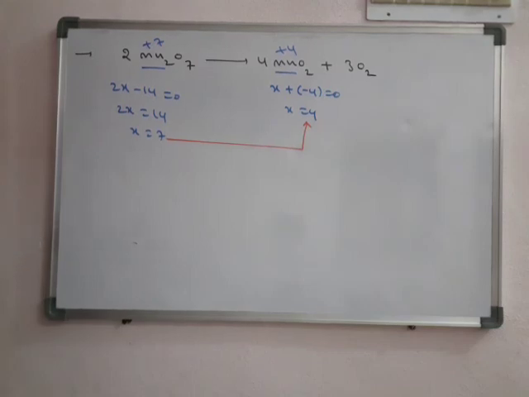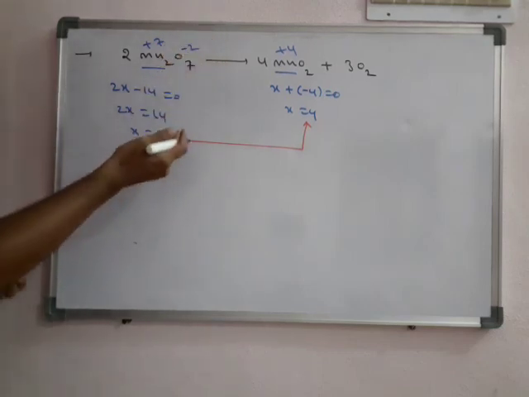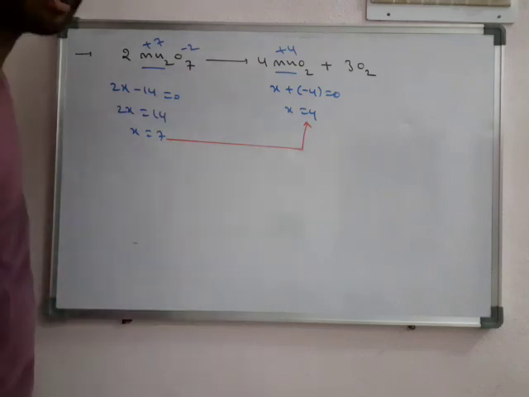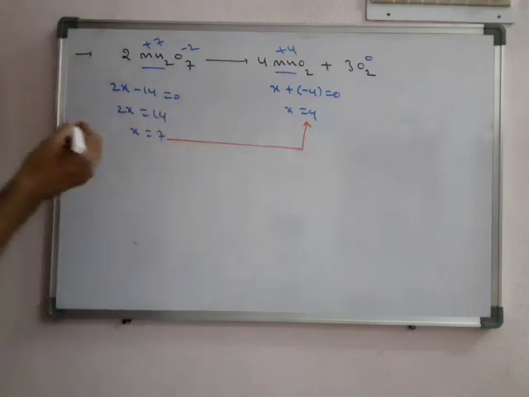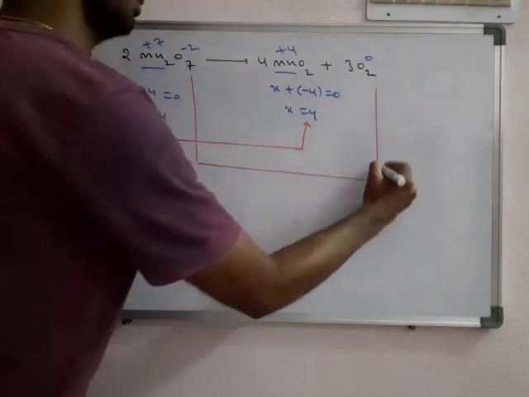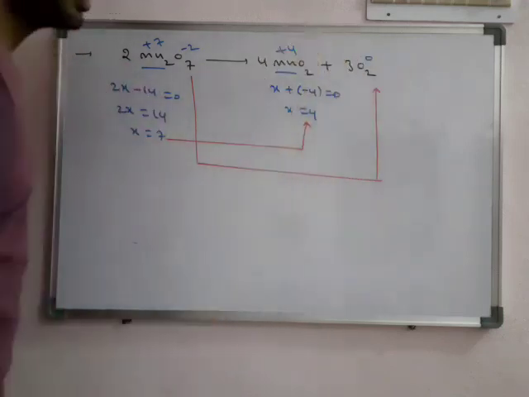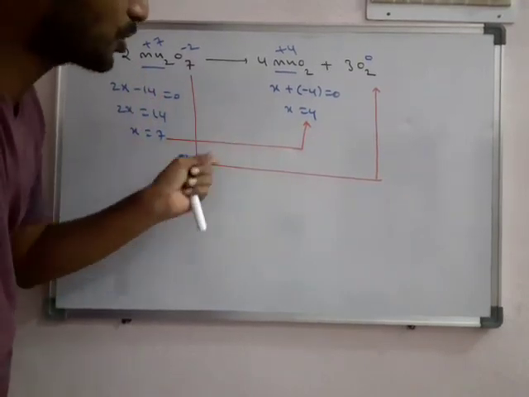Now check what about oxygen. So oxygen oxidation number we already took, it is minus 2. Here there is no peroxy bond, we have to remember. So here O2. So what is this change? Minus 2 to 0. It's increased. So it's oxidation. So only one of the reactants undergoes oxidation and reduction.